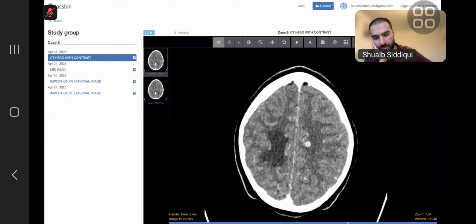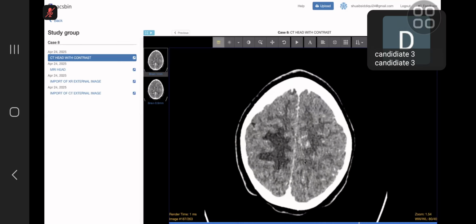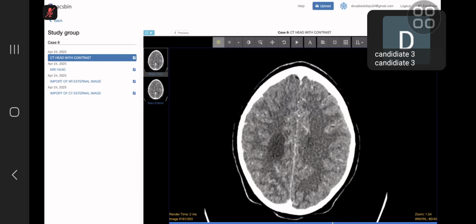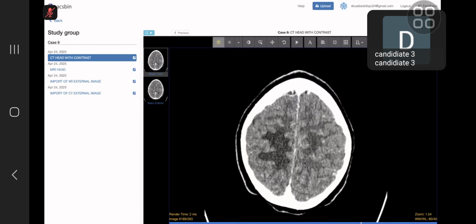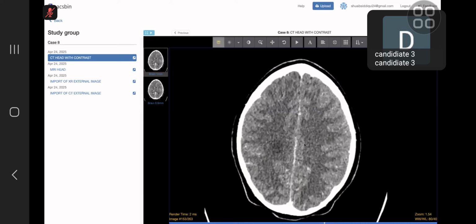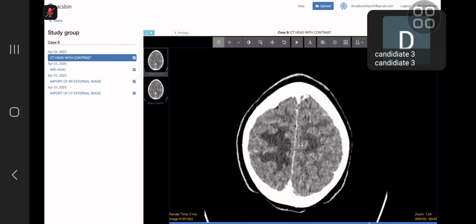What's your differential diagnosis? If it's multiple abscesses, it will not take this homogeneous enhancement; it will take only marginal enhancement. The provisional diagnosis for this could be multiple metastases.